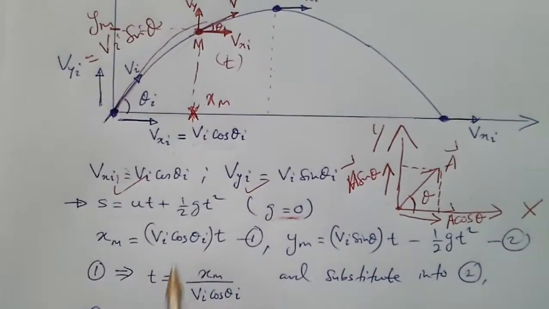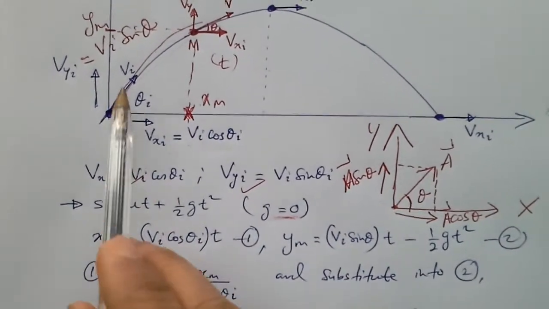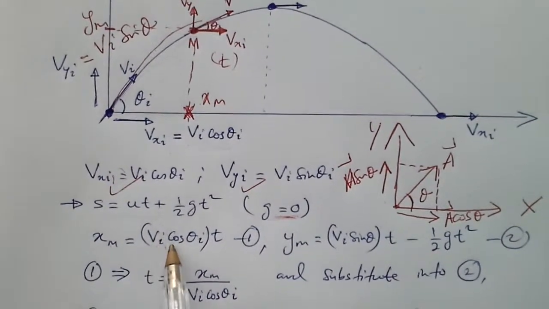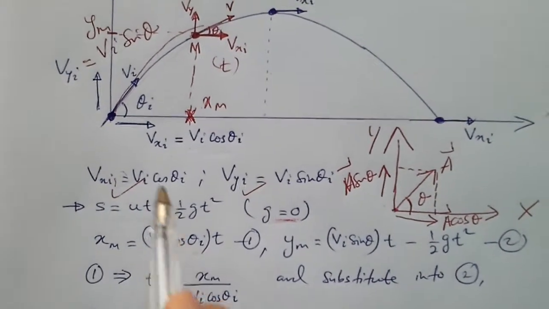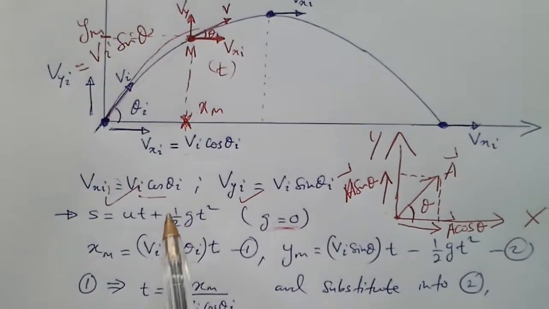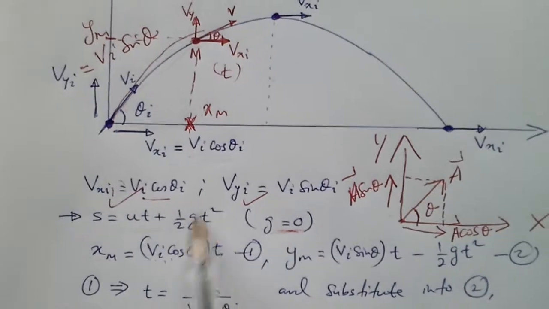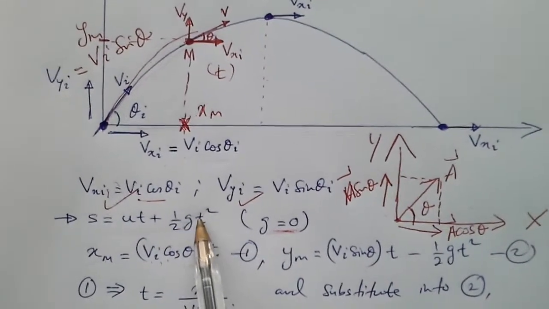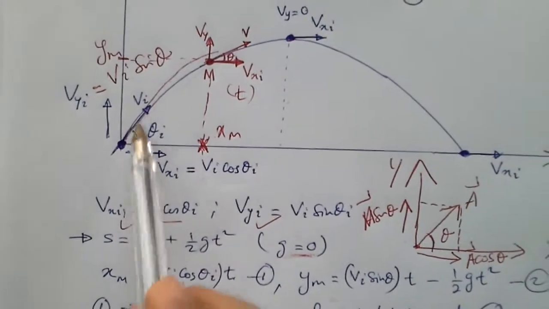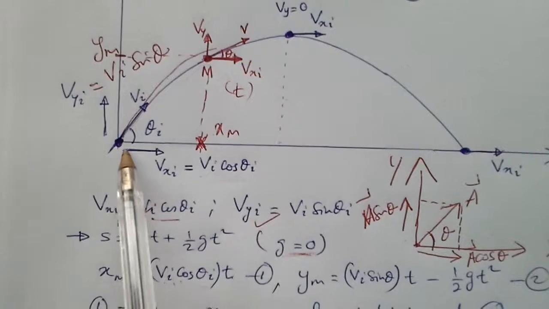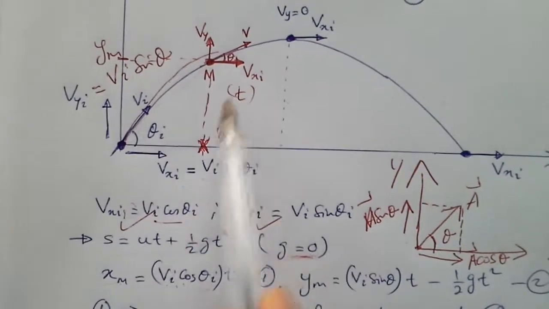This xm is equal to the horizontal velocity, vi cos theta I, as we said here, times t, because we said in the horizontal direction there is no acceleration. So this part will be 0. And remember, in projectile motion the horizontal component doesn't change at all.